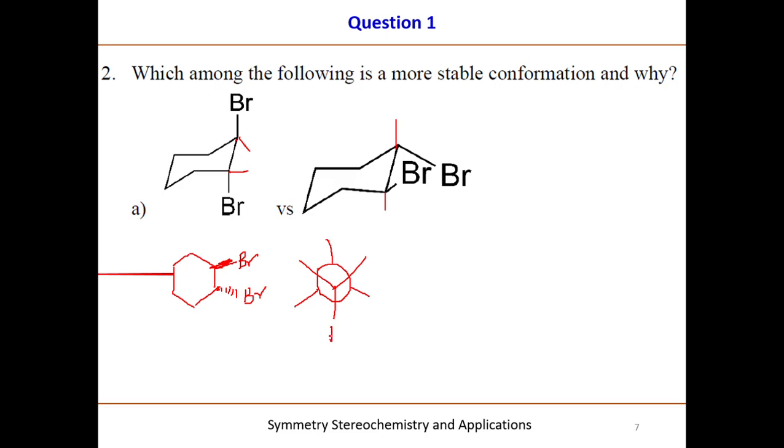So here bromine, hydrogen, and here it is methylene, which is connected to the other atom. Methylene I am writing here. H, bromine, and sorry, methylene again.